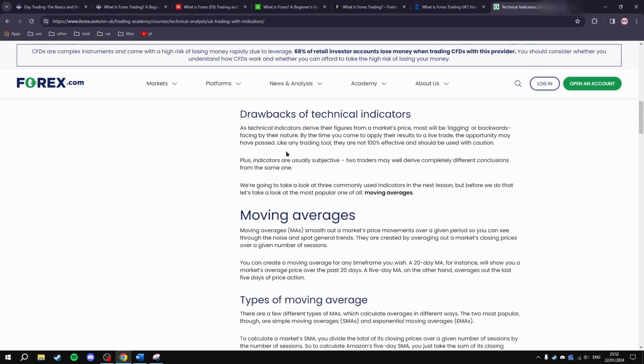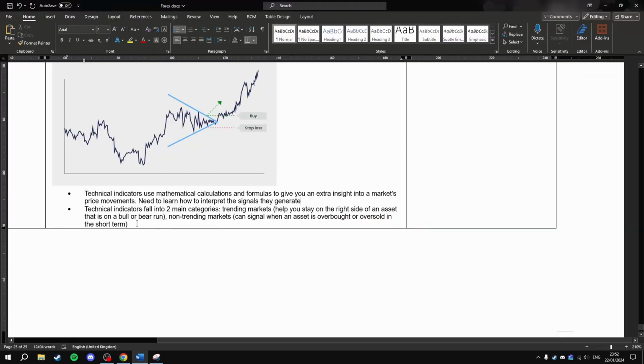Drawbacks of technical indicators. As technical indicators derive their figures from a market's price, most will be lagging or backwards facing by their nature.